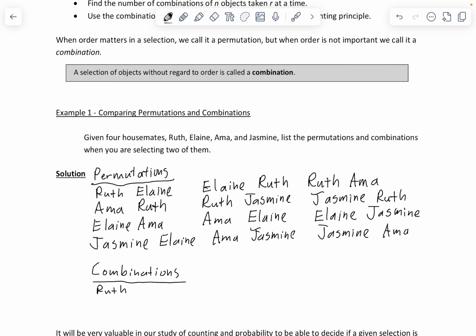Ruth, followed by Elaine. Now, I'm not going to put Elaine followed by Ruth because we don't care about the order. All we care about are the 2 names. Ruth, followed by Emma. Ruth, followed by Jasmine.